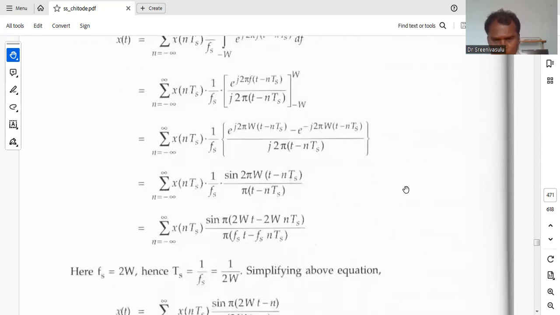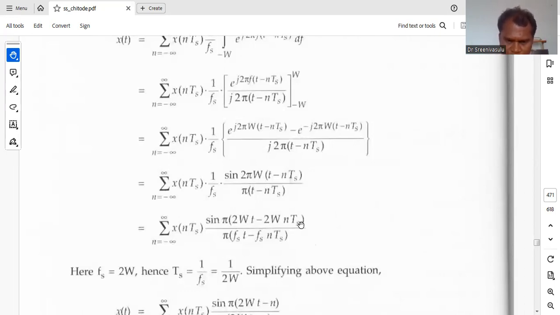So, we have a standard formula for the sinc function. What is the sinc function? Sin pi lambda by pi lambda. Here, instead of pi lambda, there is 2W into t minus nTs. So, you apply this 2 inside the bracket, and you will get sin pi 2Wt minus 2W nTs.